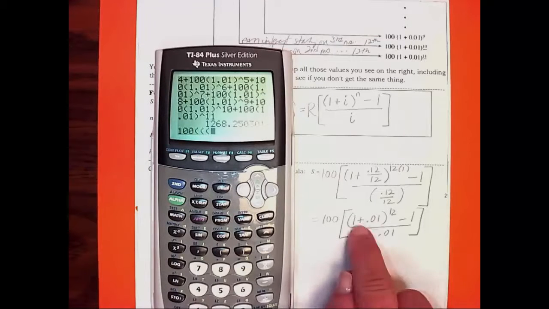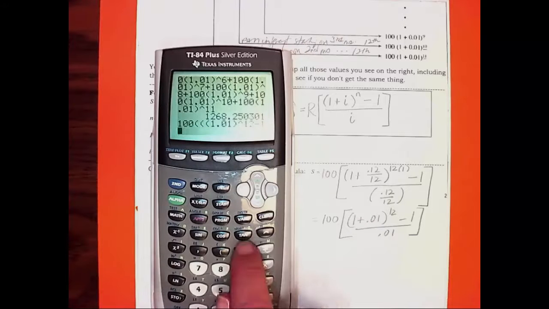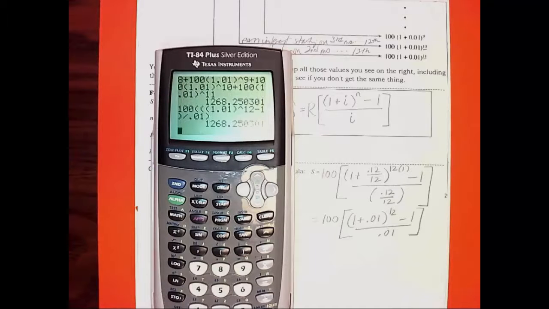And I'm going to go ahead and add the 1 plus the 0.01. And we do get the same thing, 1268.25.